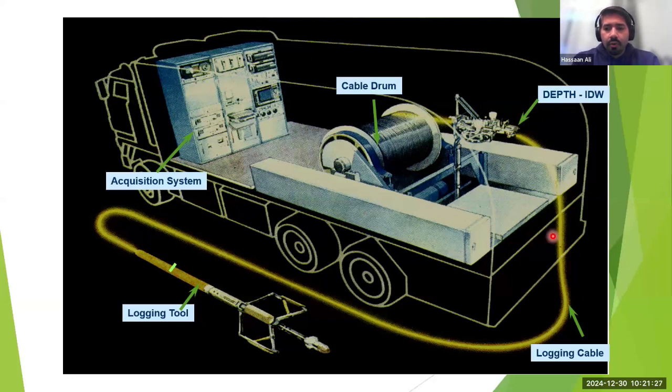That means it cannot go beyond a certain weight capacity. This device is also measuring how much load we are putting on the cable. Then this is that logging cable or the wireline, and this is the logging tool. This logging tool has a bunch of electronics and mechanical systems inside that can perform certain operations, depending upon the requirement of the application.